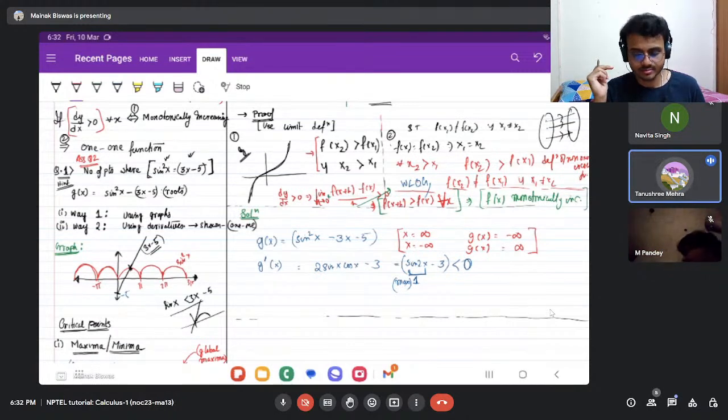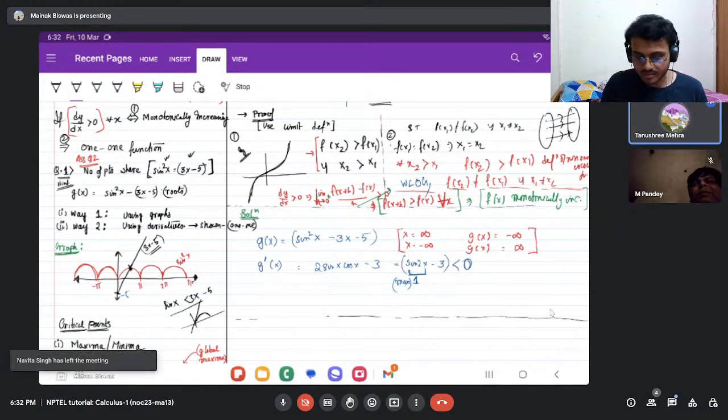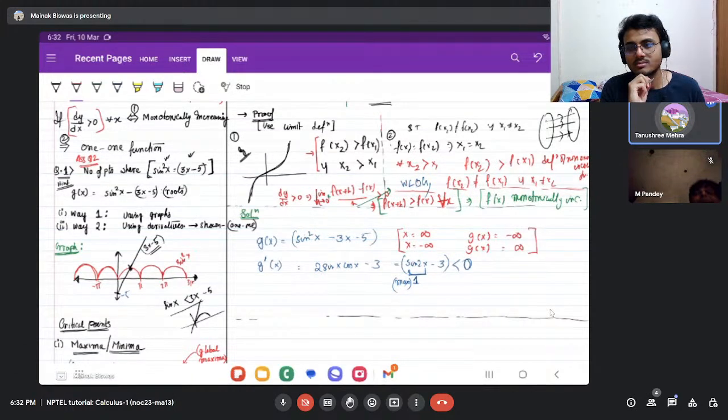What is the problem? After the derivative, you told it is less than 0. So what is the maximum value sine x can take? 1. So if you subtract 3 from a value with a maximum of 1, how much can you get at max? What is the maximum value of sine 2x minus 3? Minus 2.